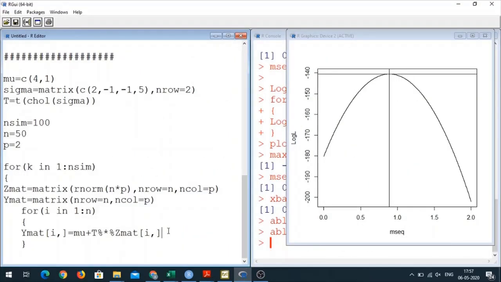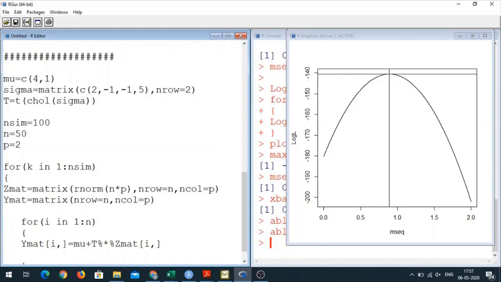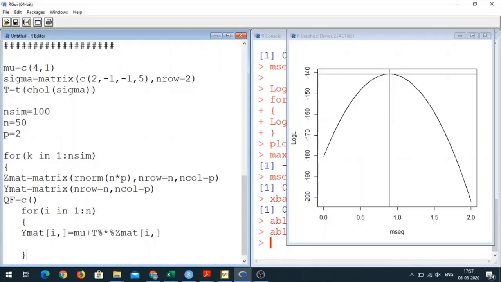So let me do that. In fact, we can do it inside here also. Let me call it QF. QF is a blank vector to store the quadratic form.